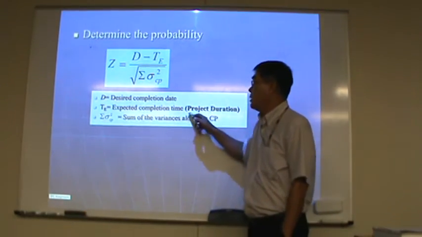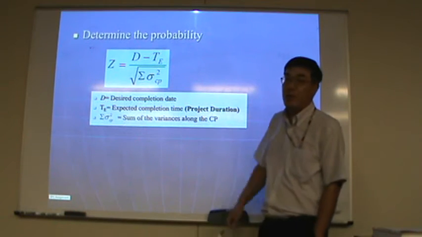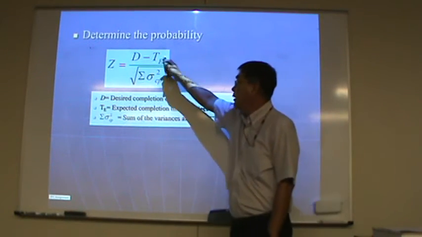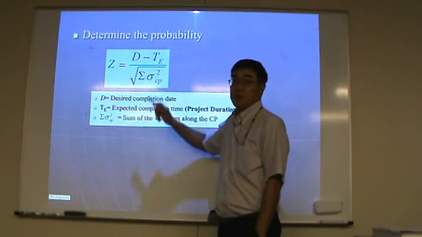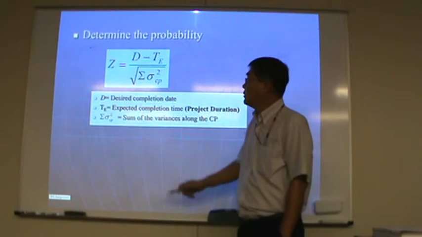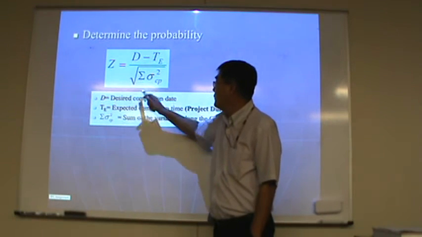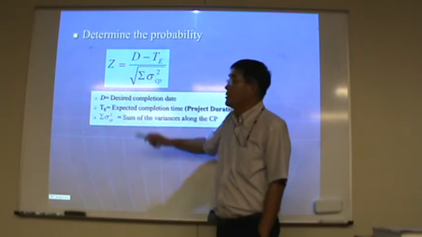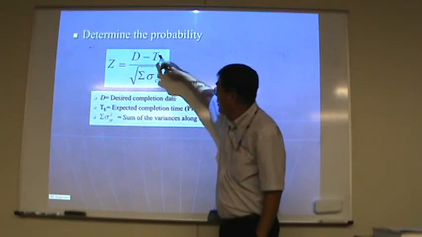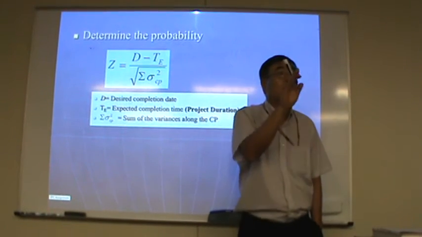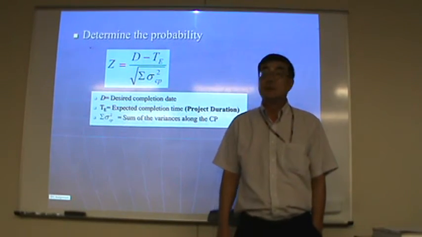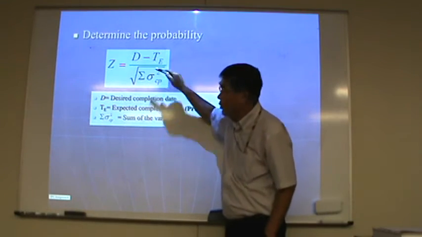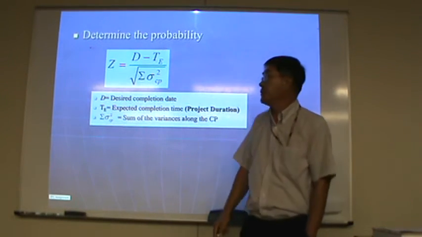TE is the expected completion time, the project duration, 38. Then the square root of the sum of the variances. Standard deviation squared is variance.